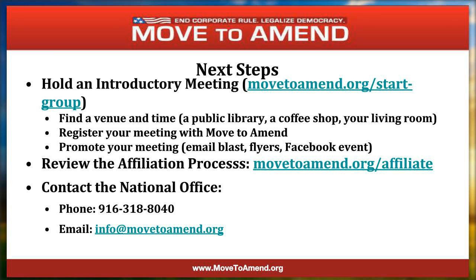And really, we're very transparent and open about our responsibilities to you as national leaders, and also your responsibilities to the national campaign and the We the People Amendment. And we're more than happy to talk this process through with you. If you contact our national office, you can call us at 916-318-8040, or you can email us at info@movetoamend.org, and we will respond to you again within the week.